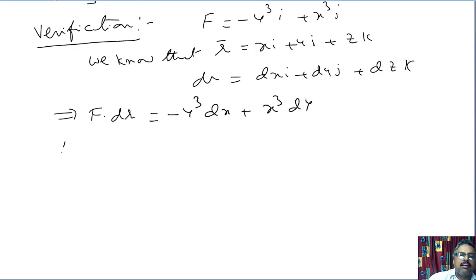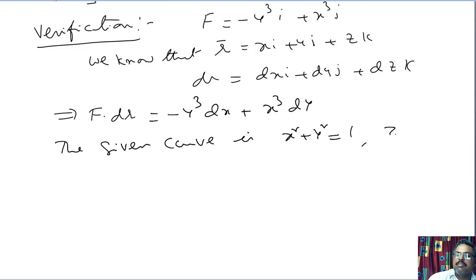Now what is the curve? The given curve is a circle, x squared plus y squared equals 1, z equals 0.